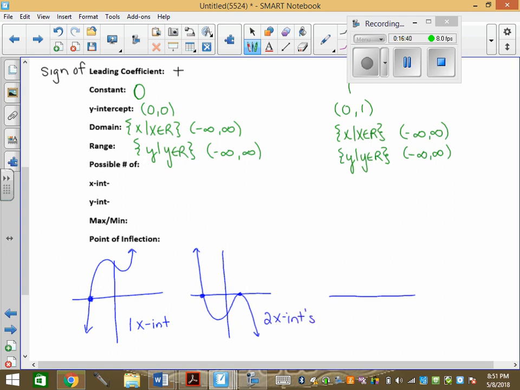I could have 3, where it just goes through. I can never have 0. I max out at the degree, so if the degree is 3, that's the most I can have. I can't have 0 because the arrows are going in opposite directions. At some point, they're going to cross through the x-axis. And once again, I have 1 y-intercept, always.